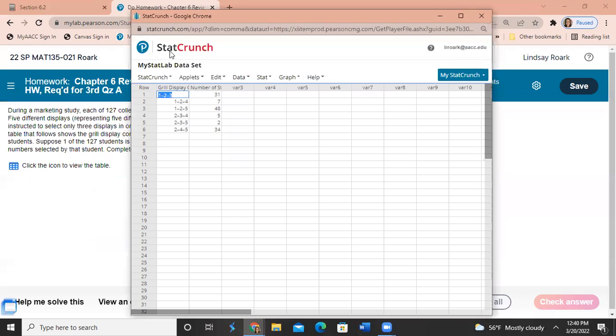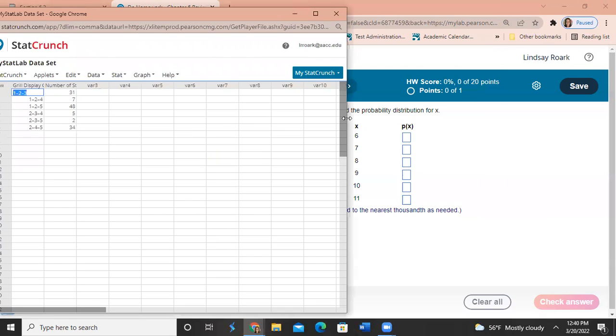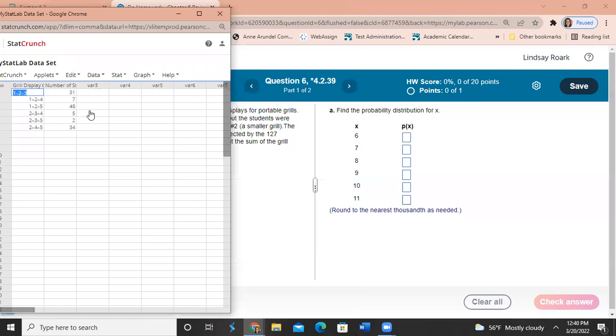But let's go ahead and open this up in StatCrunch. We did one sort of similar example to this, but again, this is worded weird. In number 1 and also number 2, they don't give you the probability. They just give you these grill displays, which again, I'm just going to go ahead and replace: 1, 2, 3 with 6, 1, 2, 4 with 7, and 1, 2, 5 with 8.